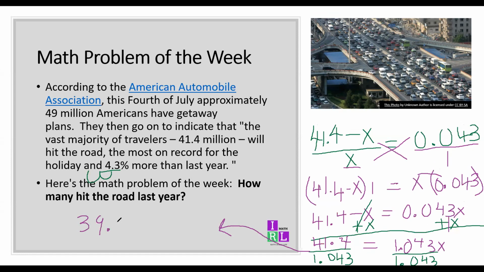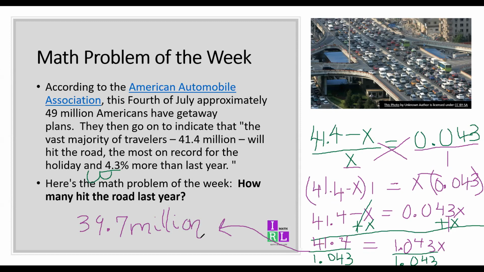If we're rounding, I would say 39.7, but it's actually 39.693. So it's going to be 39.7 million, approximately 39.7 million hit the road last year. And so remember to put the million after that because that's actually the numbers that we're dealing with. Okay.